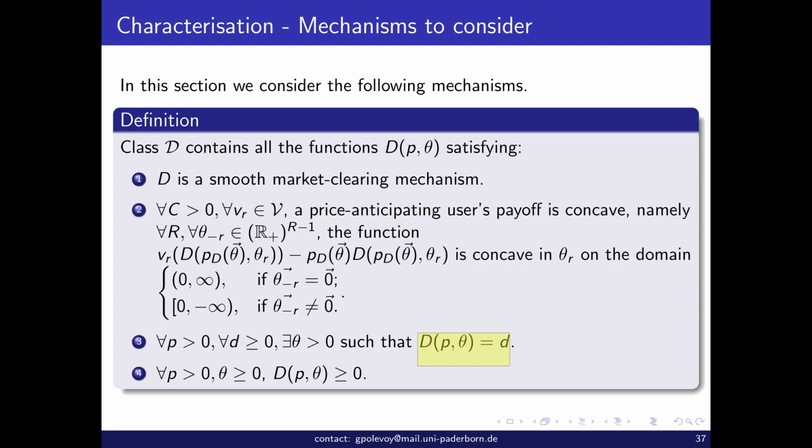Now, regarding the requirements, besides the last one, which seems trivial, and the first one, which is basically these smooth market clearing mechanisms, telling how much the user with bid theta gets when the price is p, basically 2 and 3 seem reasonable, and we're now going to explain why they're here. But still, they seem kind of unusual.